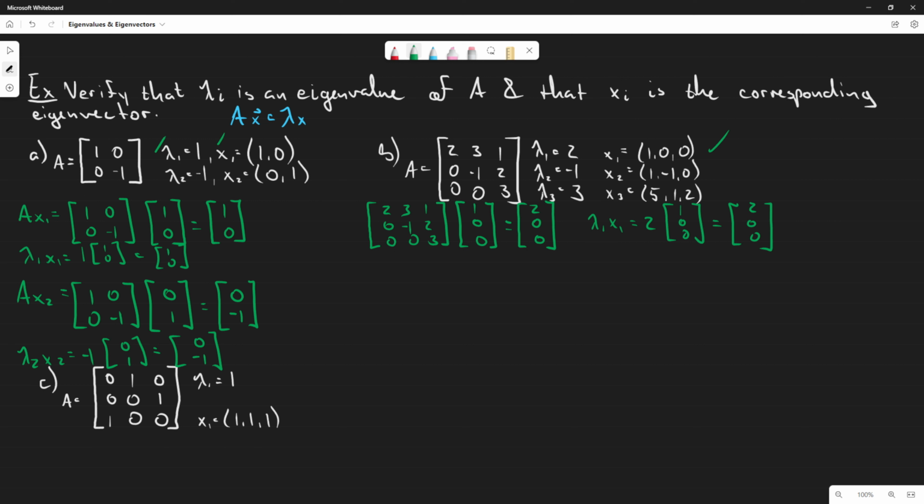The second one, again, is the same thing. I am not going to copy the matrix A, I just have to drag it down. So we multiply it by [1, -1, 0].